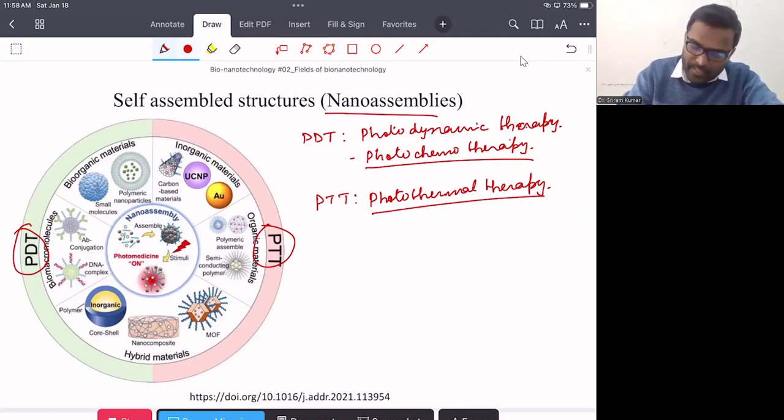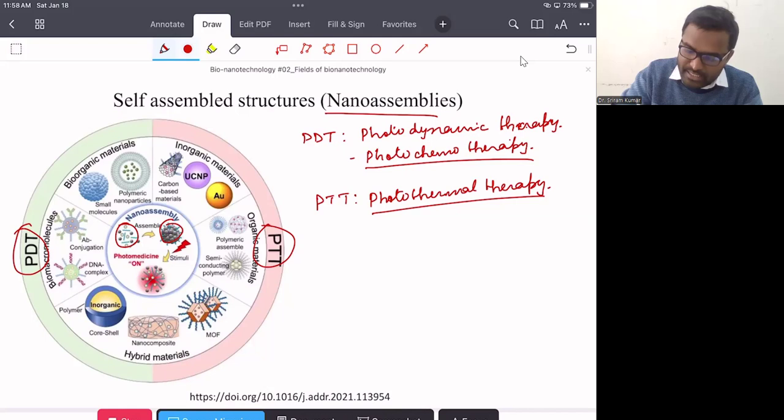Let's understand PTT first. What is PTT? Here you have components that form self-assembled structures.